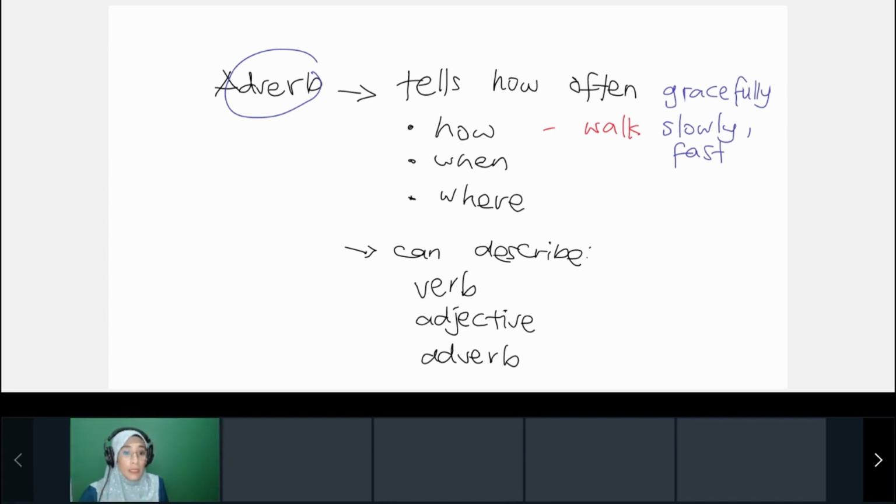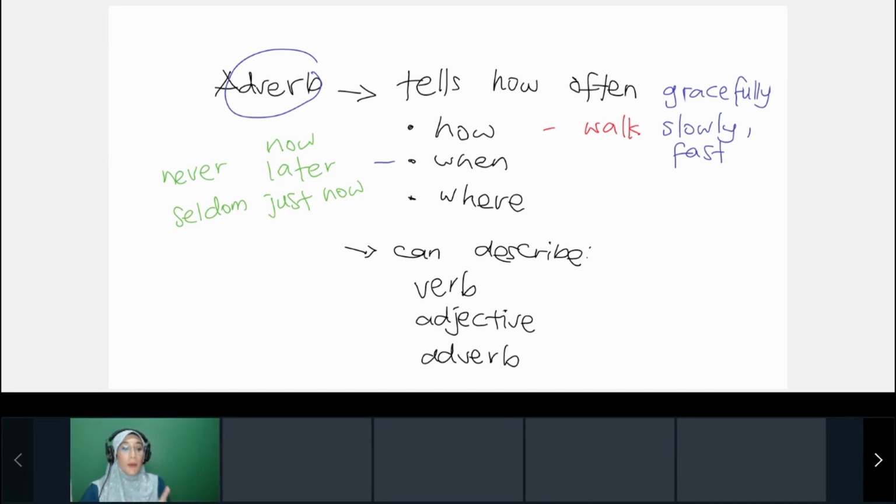We call this adverb of time. So when it comes to adverb of time, or when, you can say something like now, or later, or just now, or even never, seldom.